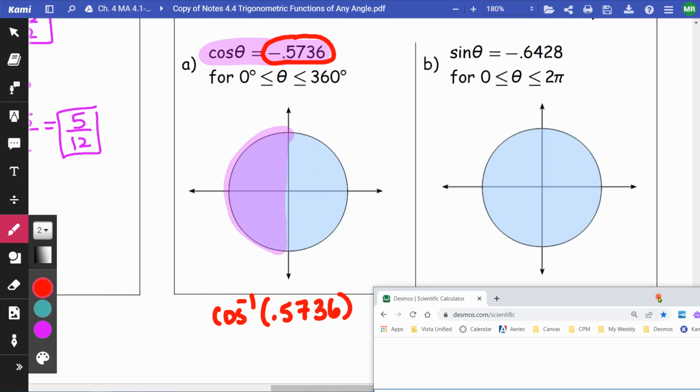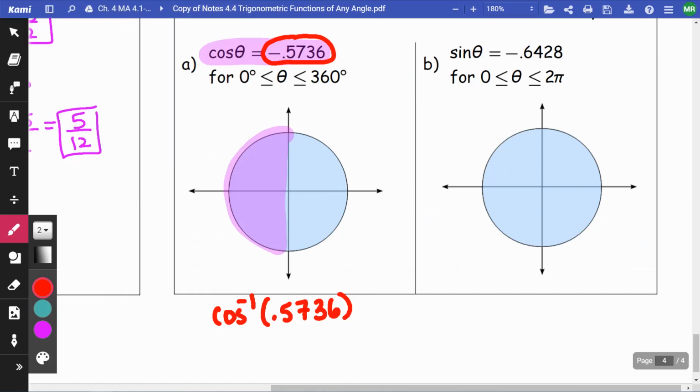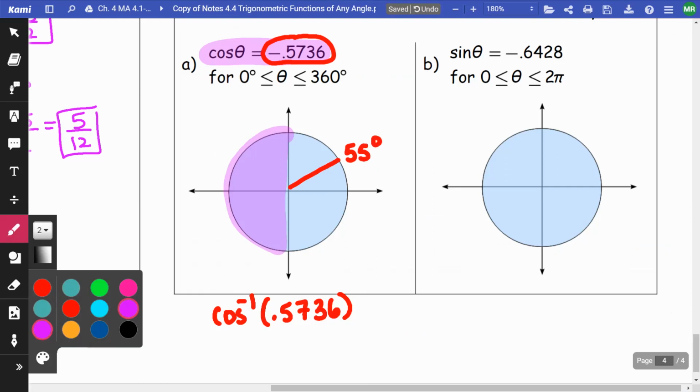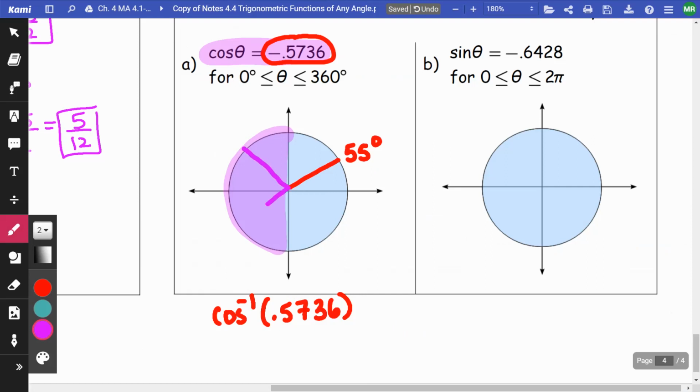So let me just move this aside for a second. This is going to be about 55 degrees. So let's just say I am here, and again, this is 55 degrees. What I want, I'm going to draw in purple: I want it here and I want it here.